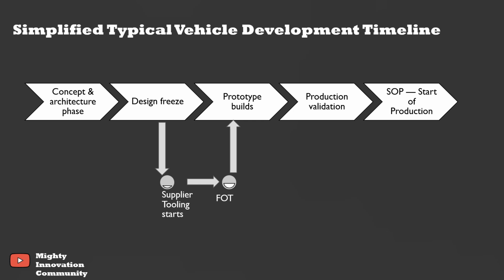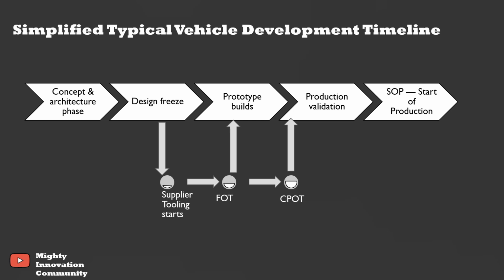After FOT, the supplier fixes issues, fine tunes tools and stabilizes the process. This leads to CPOT, that is confirmed part off tool. In the vehicle time plan, after issues from the first builds are resolved, OEMs move to production build, often called validation build or pilot build or pre-production build. CPOT means the part is dimensionally and functionally acceptable now.